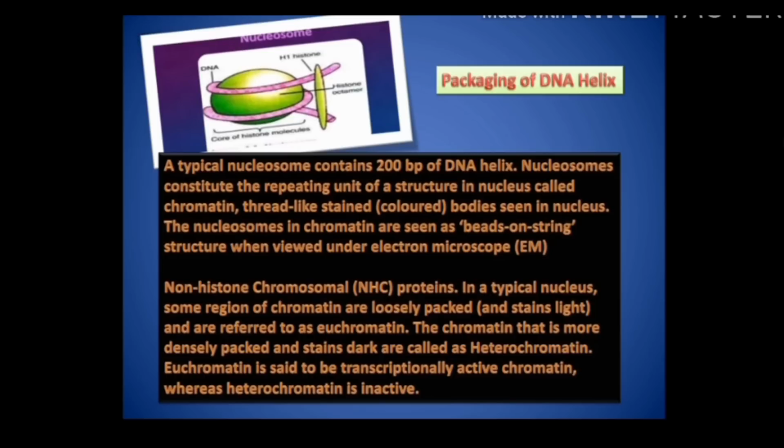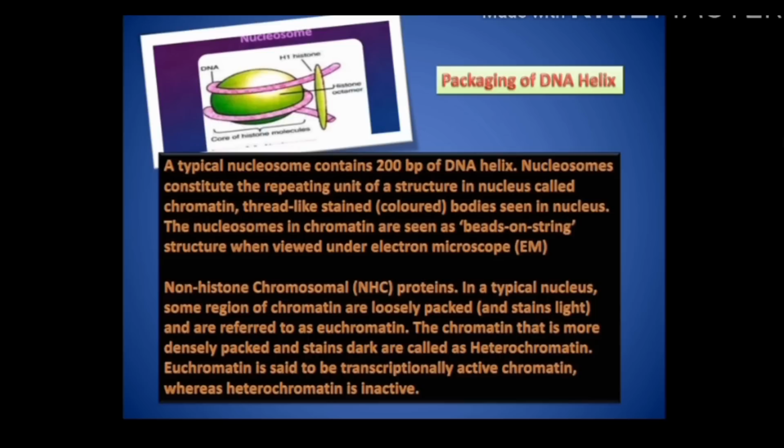It is very compact, and the portion of DNA with the gene to be exposed for transcription is not accessible. So that is why it is transcriptionally inactive. The appropriate regions needed for transcription are not accessible, and therefore transcription is inhibited. Therefore it is said that heterochromatin is transcriptionally inactive, but euchromatin is transcriptionally active.